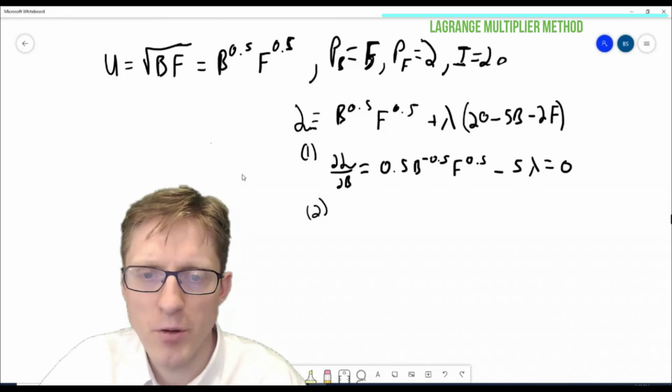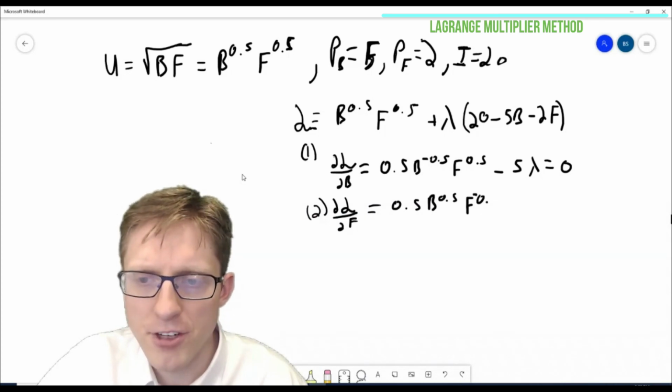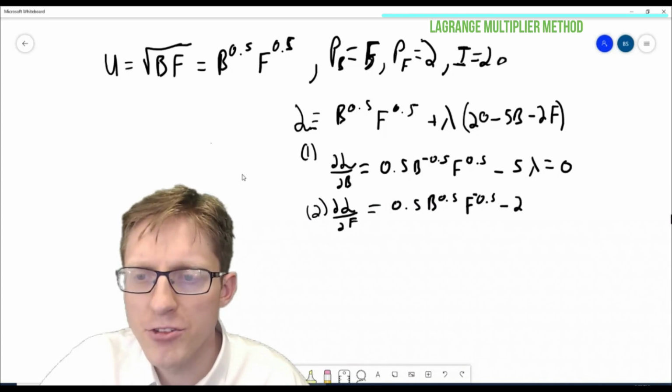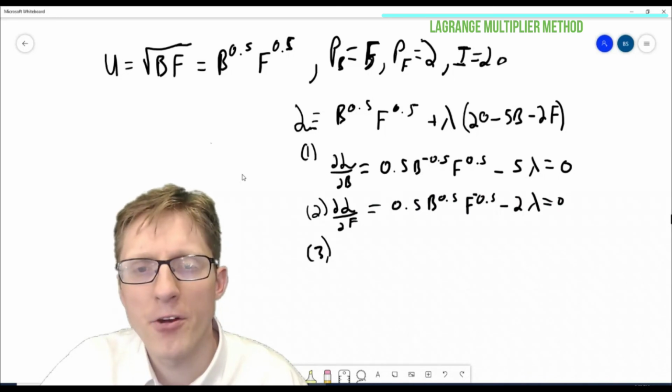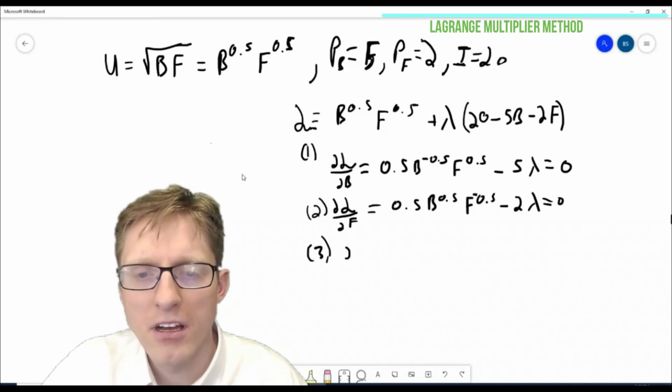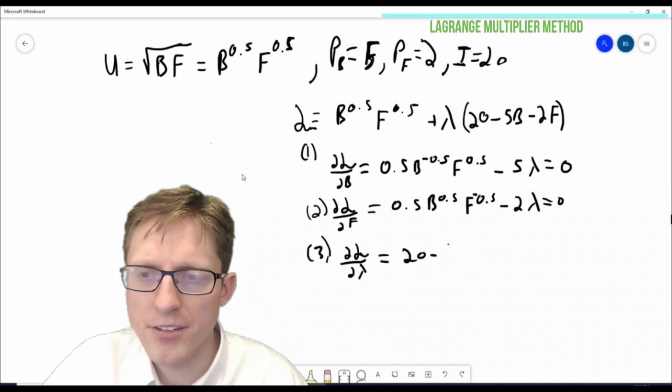The second equation, the partial derivative of the Lagrangian with respect to F, gives us 0.5 B to the 0.5 F to the minus 0.5 minus 2 lambda is equal to 0. And the third equation is the partial derivative of the Lagrangian with respect to lambda, which just returns our constraint: 20 minus 5B minus 2F is equal to 0.